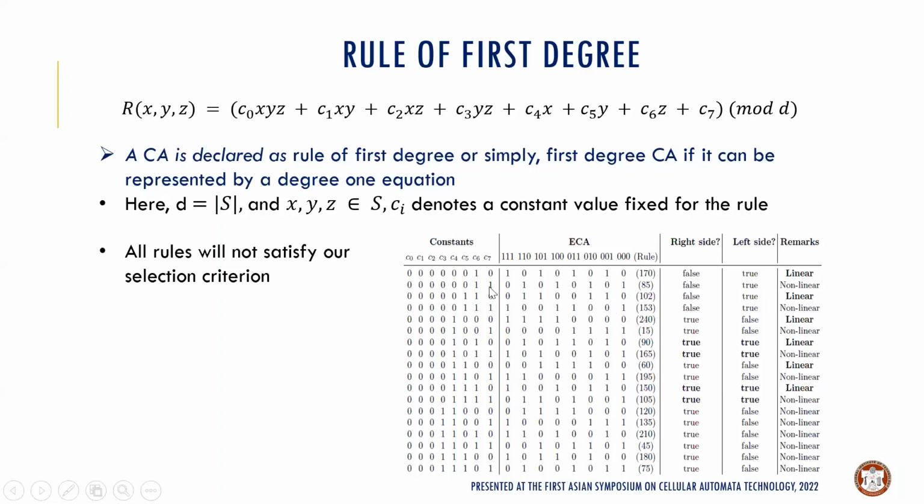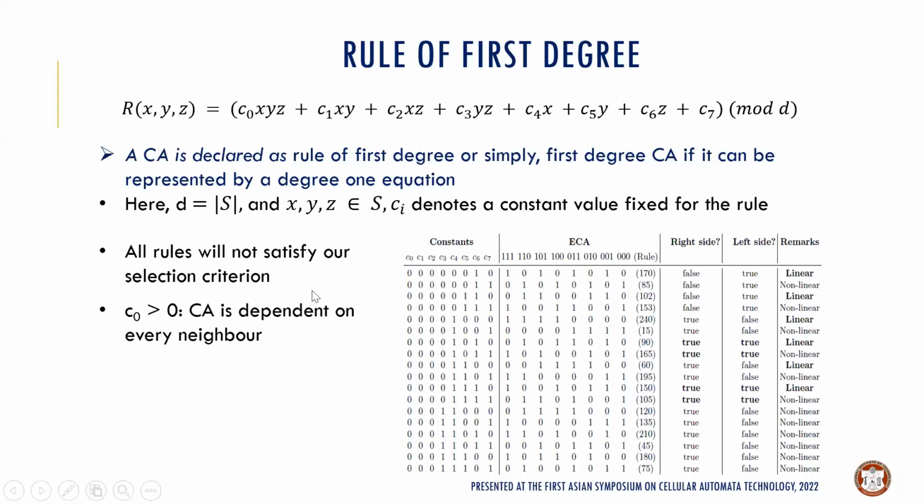Similarly, we can find some other criteria also for which the rules are not going to satisfy our criteria. Now, if we observe this equation for XYZ, if the CA is going to depend on all neighbors, XYZ has this term present only here. So if C0 is greater than 0, it can be dependent on every neighbor, but you will see that C0 can't be greater than 0.